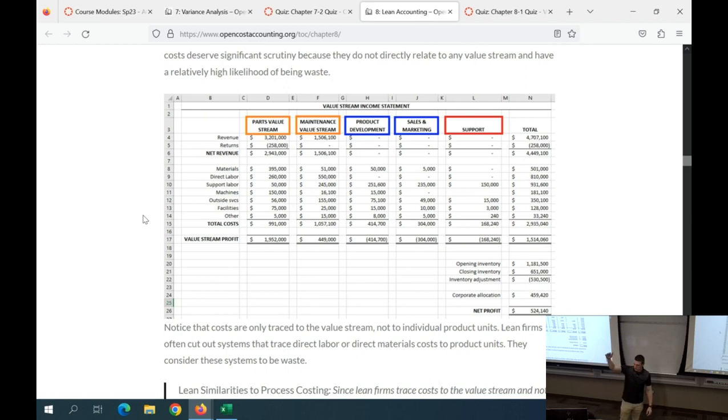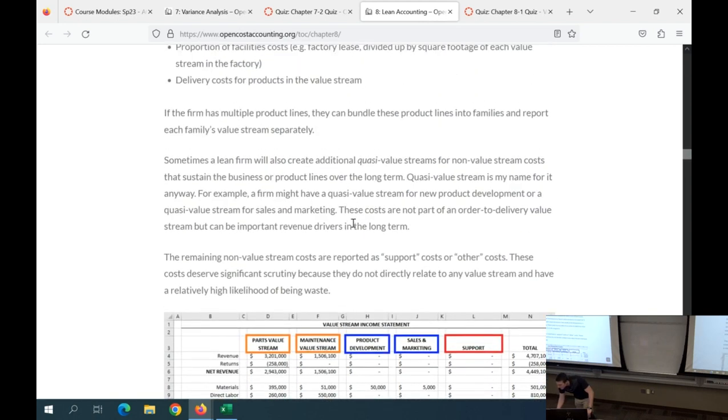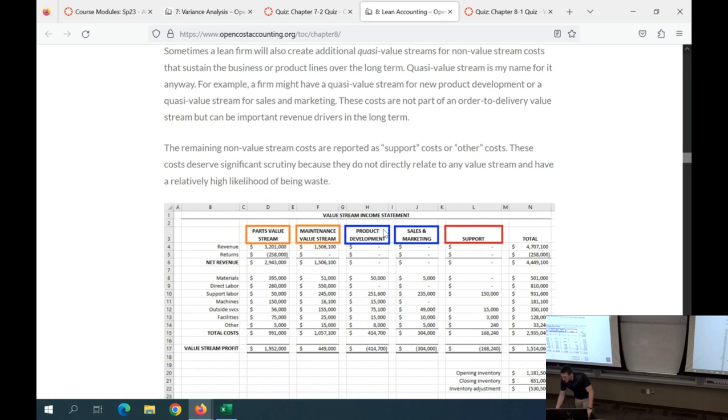But sometimes you'll have value stream and then supporting, some sort of quasi-value stream, or non-value stream costs that sustain the business and products over the long term. So yes, product development and sales and marketing, we might say that's this middle tier. They're not exactly value stream right now.